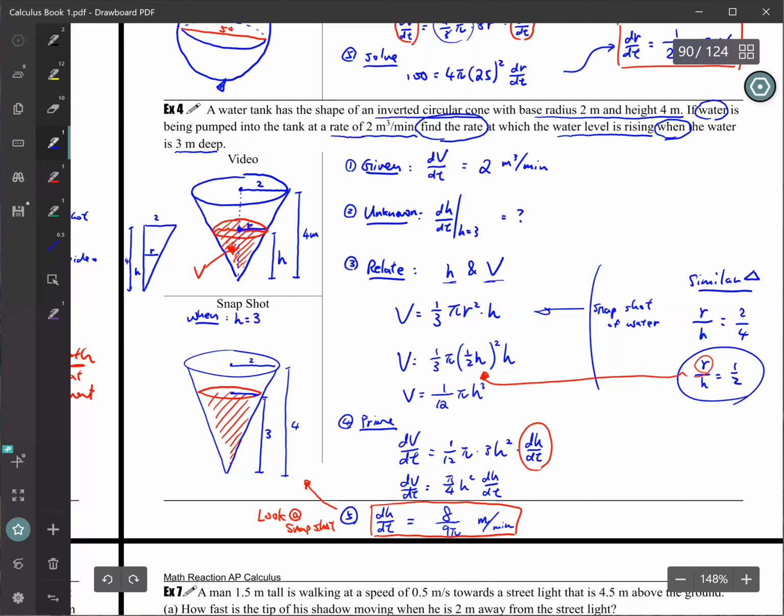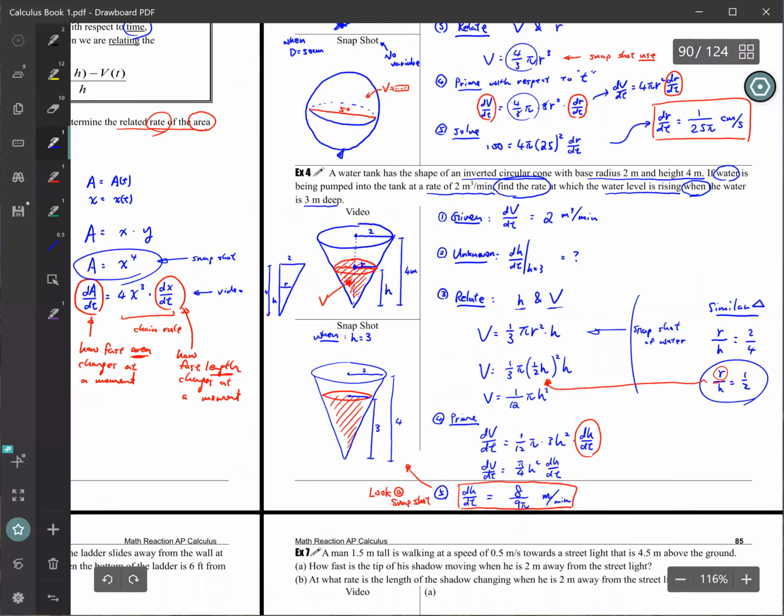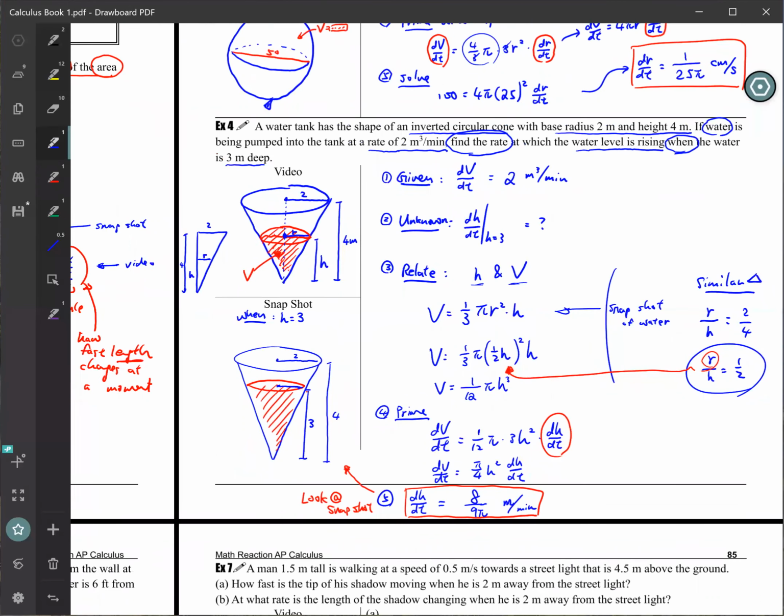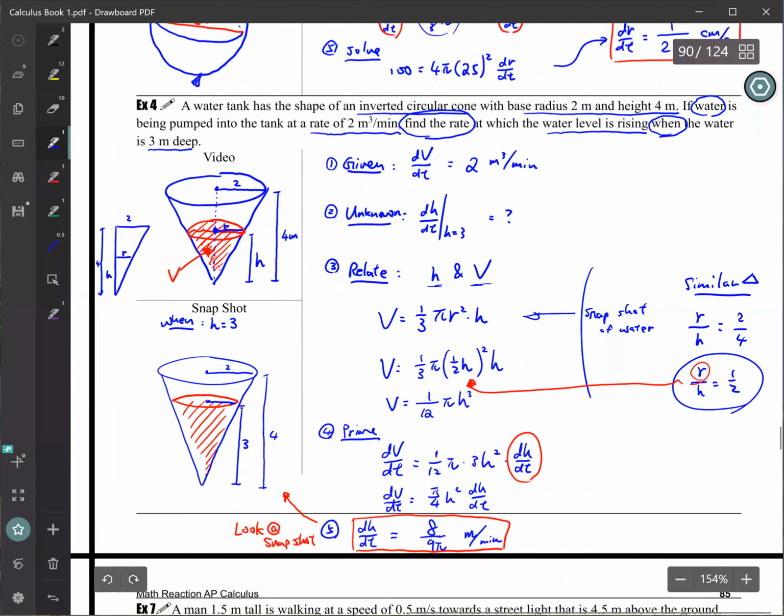Any questions? Nicole, how are you doing? Any trouble? I did it wrong. Which part are you on? I'm just doing the last step, the isolating. Okay, let me know if you have trouble.